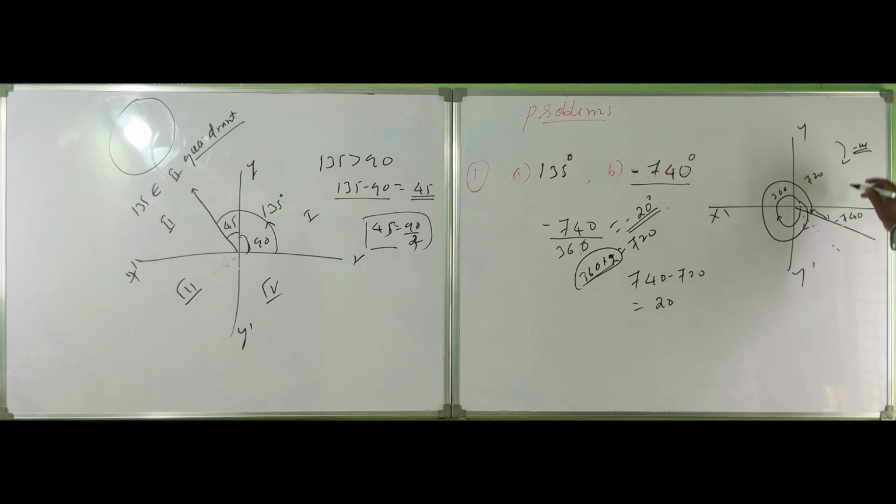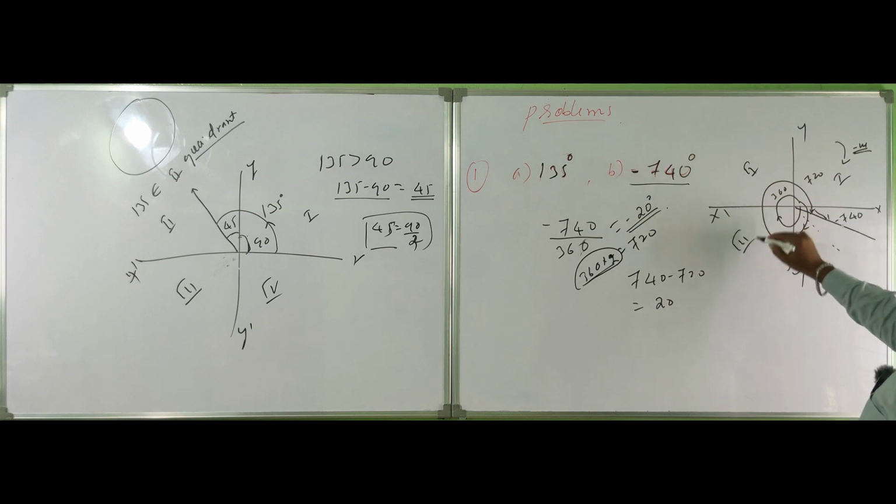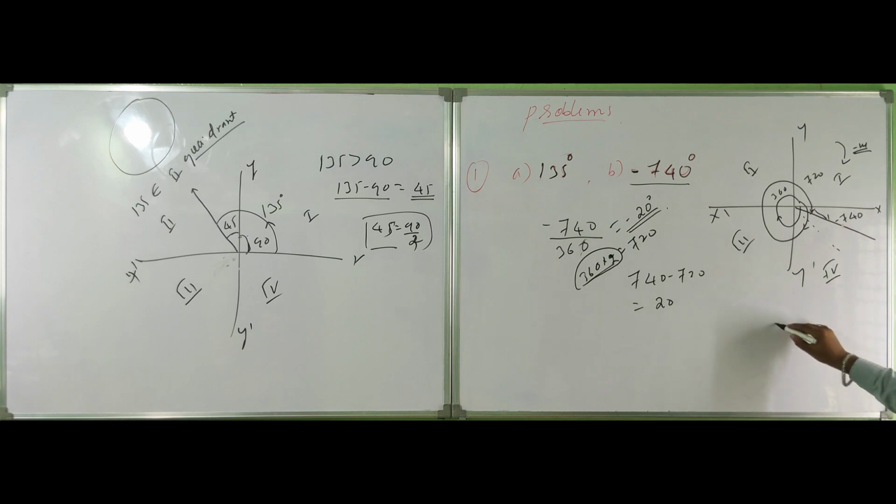It lies in, this is the first quadrant, the second quadrant, the third quadrant, and the fourth quadrant. Therefore minus 740 belongs to the fourth quadrant.